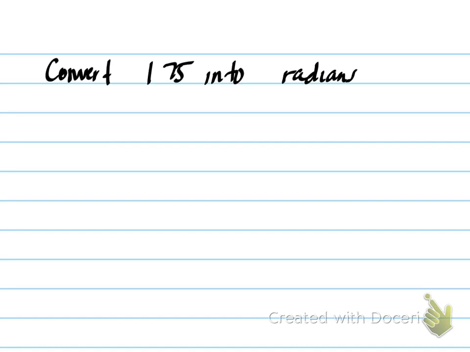Okay. Now let's go the other way. Let's convert 175 degrees into radians. Again, I know radians does have pi in my answer, but I don't start with the pi.